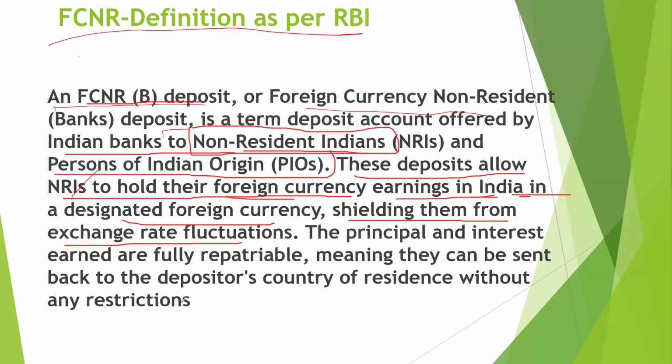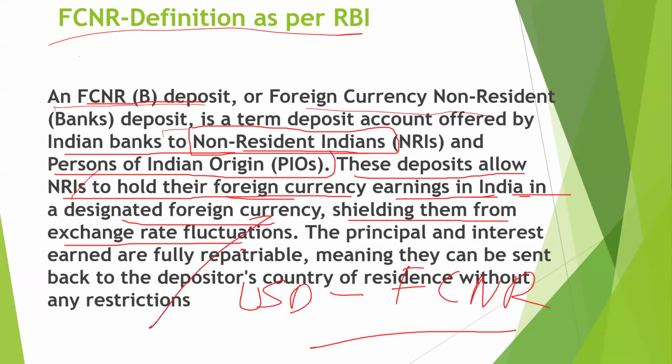Suppose there are fluctuations. If the USD rate is increasing and they have an FCNR deposit, their risk is less. Whether the dollar rate is going up or down will not matter because it is already in foreign currency.